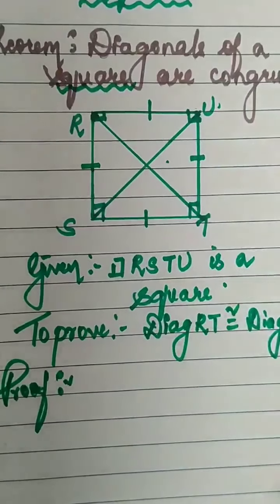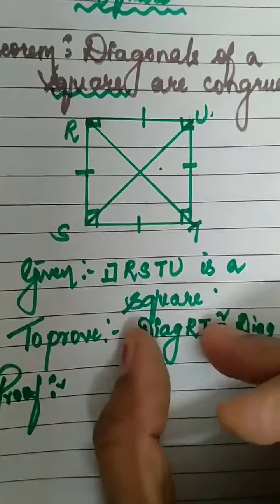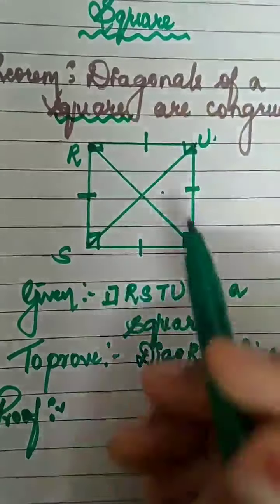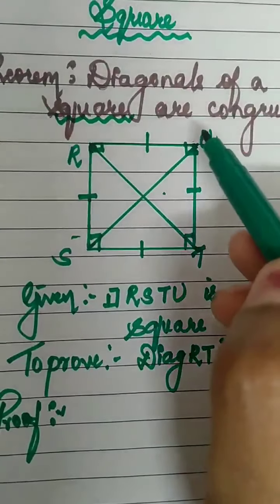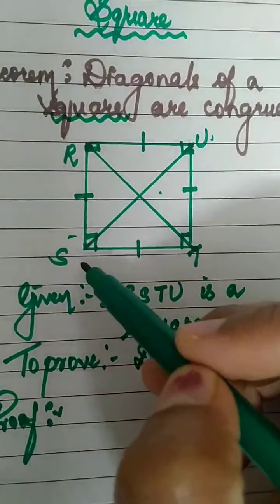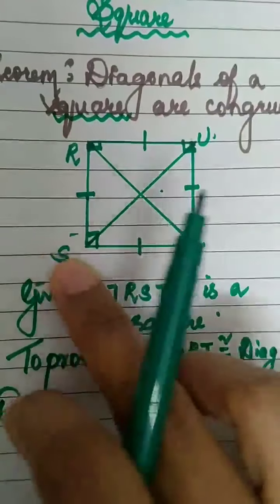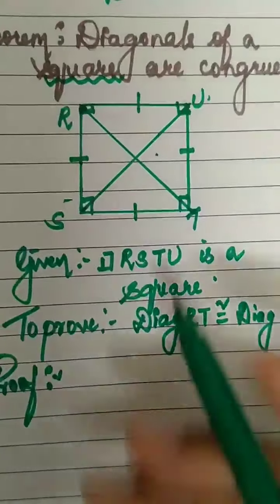Like we used in the previous theorem, we will select two triangles which contain RT and SU. One triangle containing RT is RST.